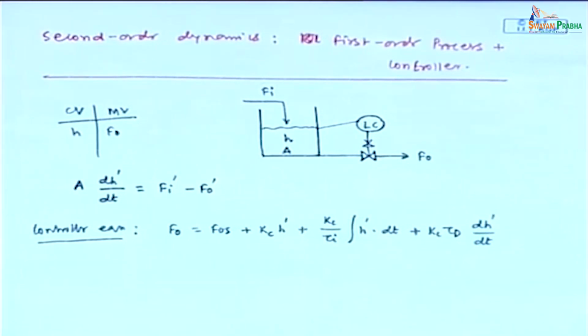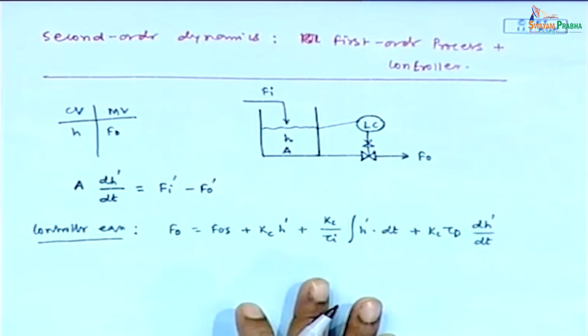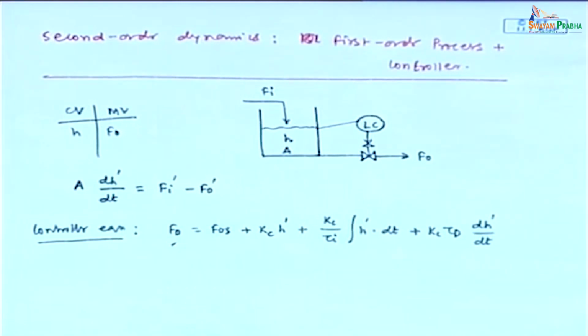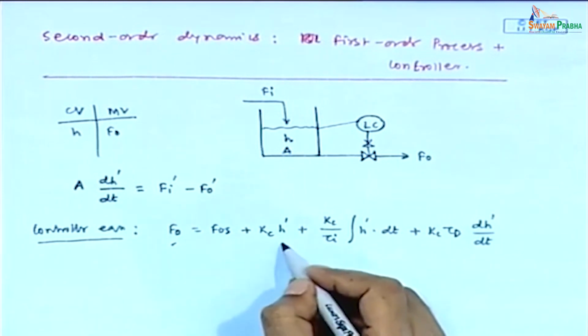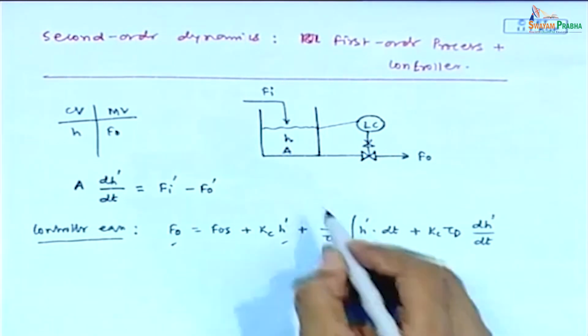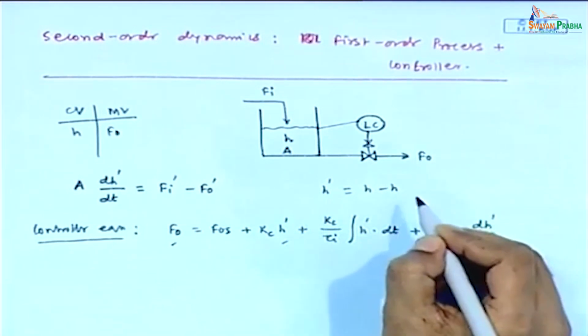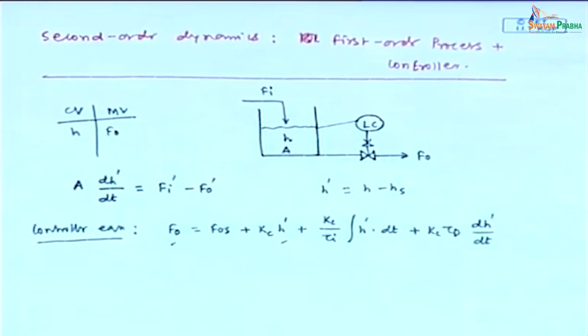This is the equation of a controller which we will discuss in the subsequent classes. This is the controller equation which is correlating the manipulated variable F naught with height. H prime is H minus Hs.